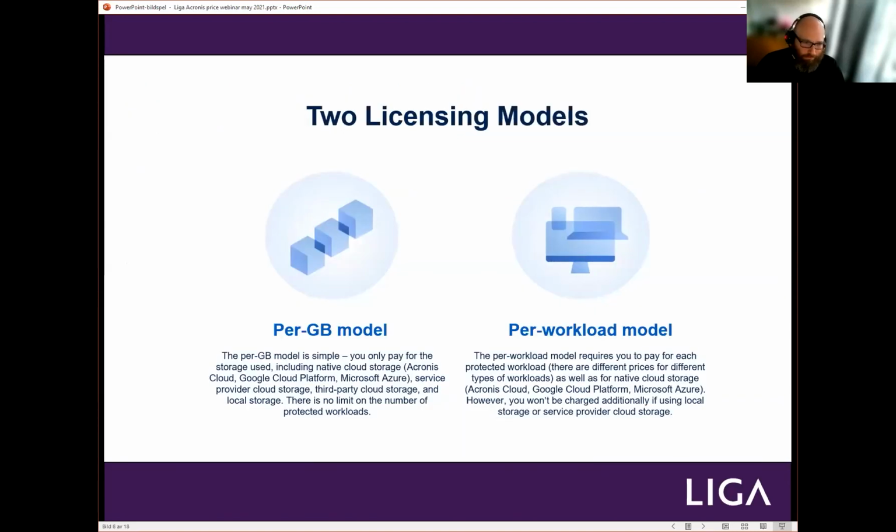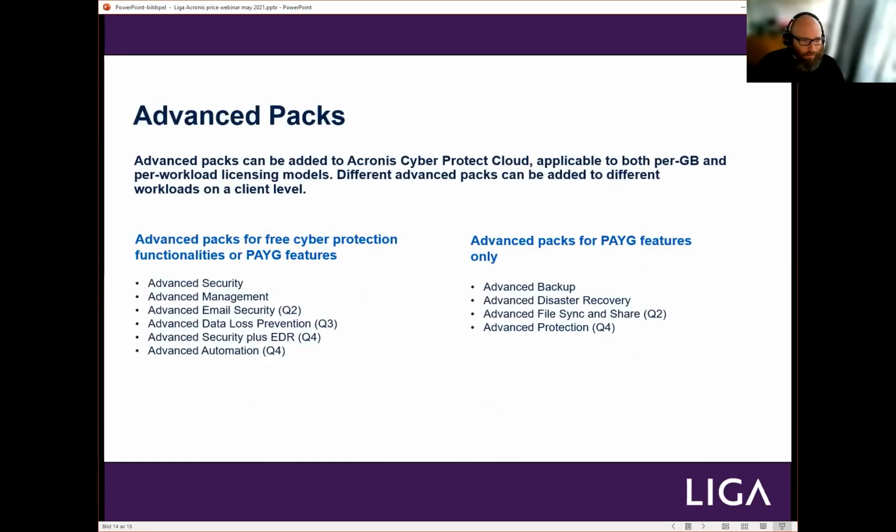So again, this is the setup. It's either a per gigabyte model where you pay per storage, and the other model is per workload where you pay a base fee per workstation, server, or virtual machine, and so on. The advanced packs, which I mentioned before, are an add-on. They can be used in both the per gigabyte and per workload model.